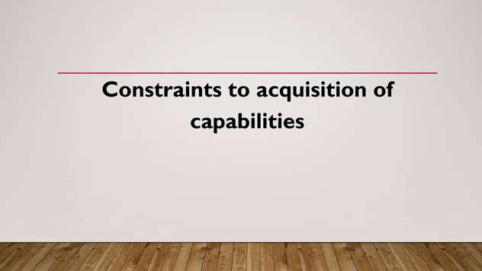Another constraint that we need to look at before we end the class is the poor linkage among stakeholders in the agricultural innovation system, which has also delayed effective performance of extension and extension personnel in climate change adaptation in Nigeria.